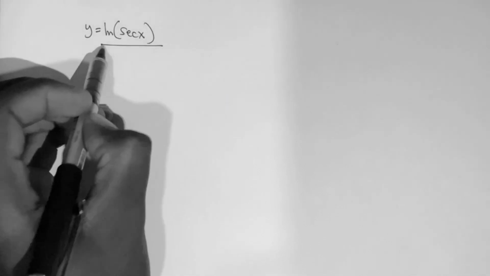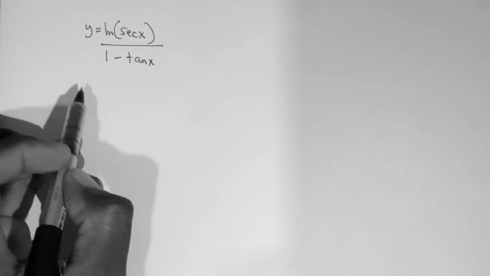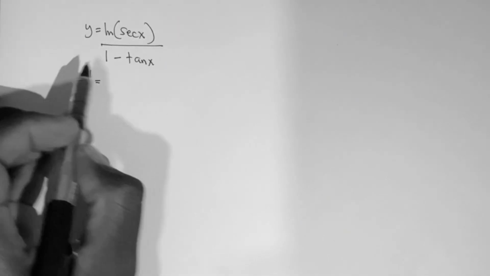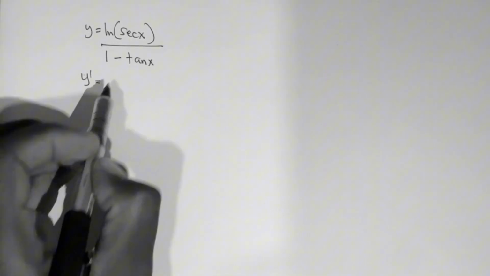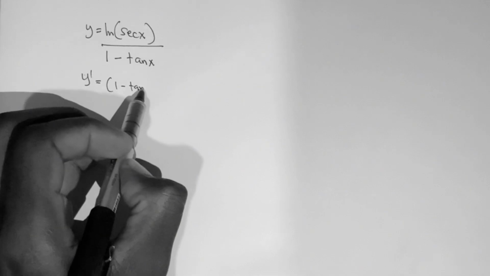So if y is equal to ln sec x divided by 1 minus tan x, what is y prime? So y prime is equal to, we need to use the quotient rule. So we need to maintain the denominator, which is 1 minus tan x. Then we differentiate the numerator.